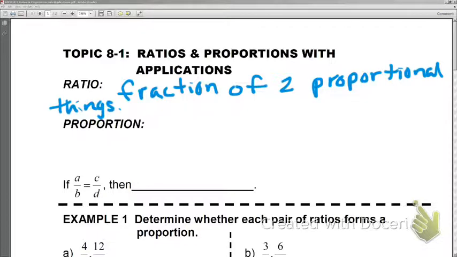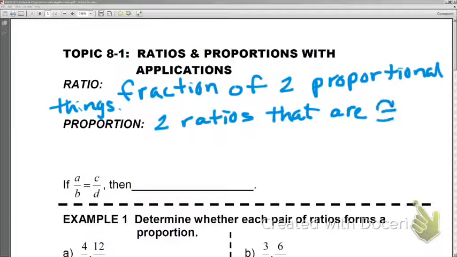And a proportion is made up of two ratios that are congruent. So an example would be if A over B equals C over D, then you cross multiply when you solve proportions. So it would be A times D equals B times C.